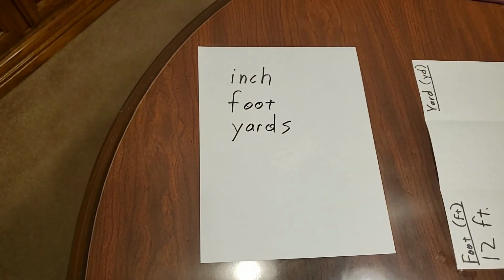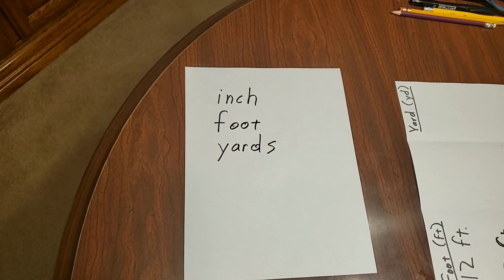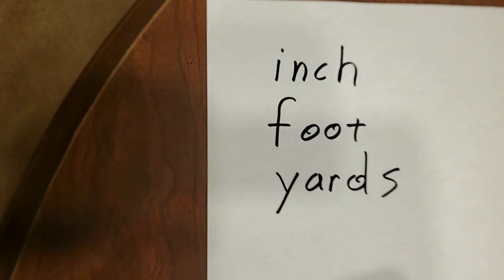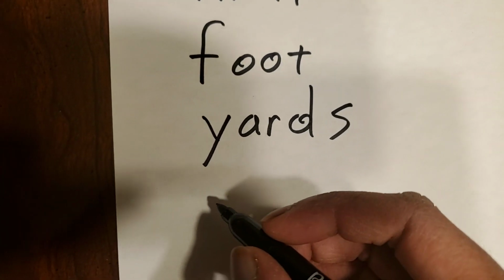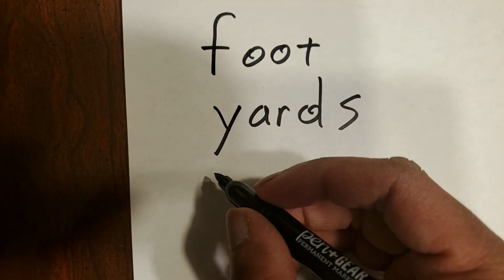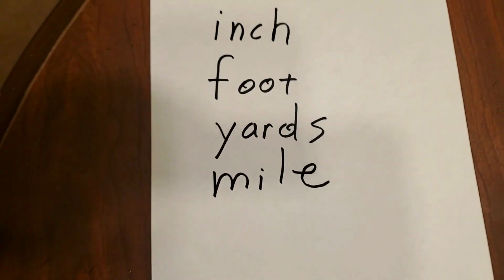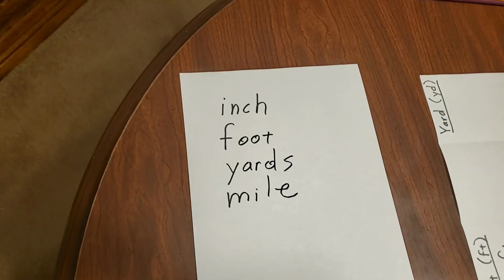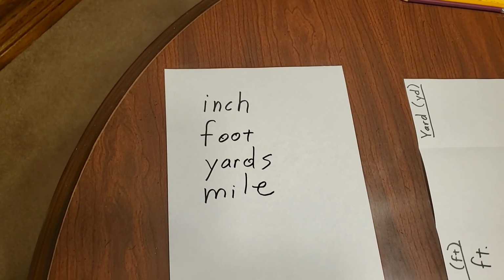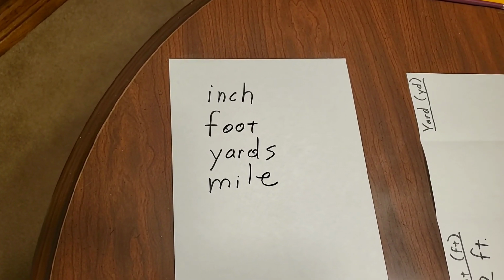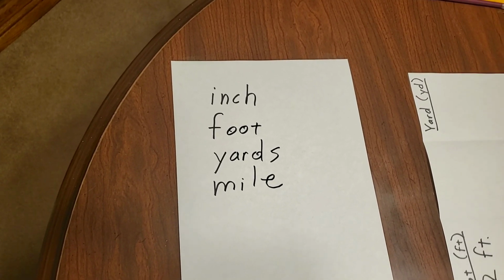There's something else way bigger than a yard. How would you measure the distance from one place to another? So we can measure the length of an object in inches, feet, yards, or miles.